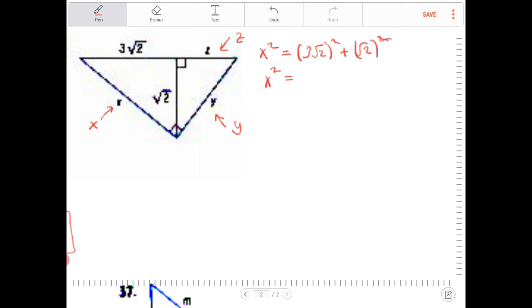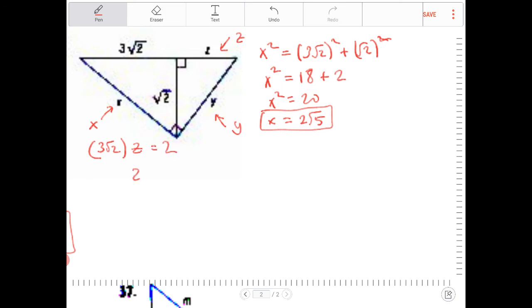So x squared will equal to 18 plus 2, which is 20. So x is equal to 2 radical 5. And if x is equal to 2 radical 5, then I can also apply the geometric mean. I can say 3 radical 2 times z is equal to radical 2 squared, or just 2, or z is equal to 2 over 3 radical 2.